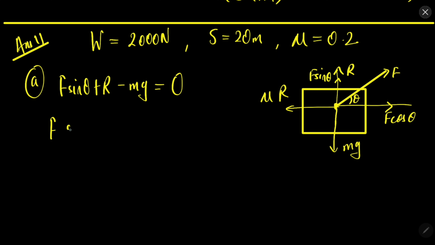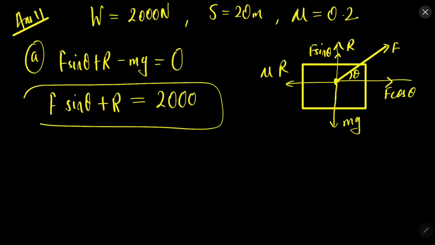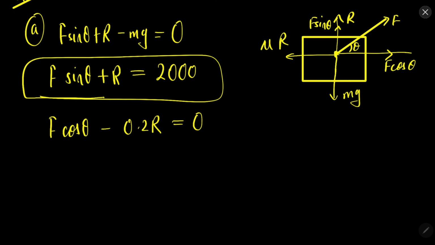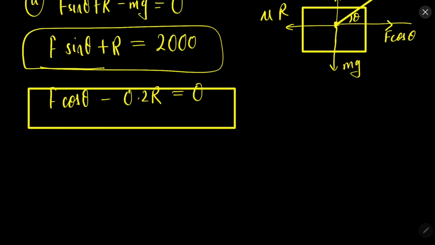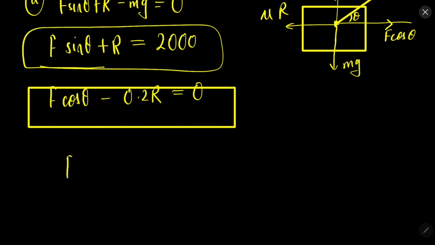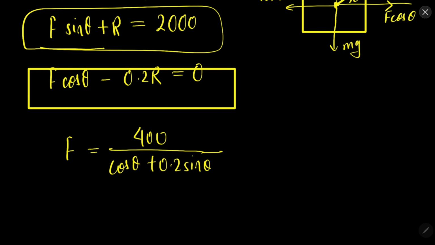Weight is given, which is 2000 Newton, so F sin theta plus R equals 2000 Newton. So this is one equation. Another equation will be F cos theta minus 0.2 R equal to 0, because mu is 0.2. So from these two equations, by equation 1 and 2, we get F equal to 400 upon cos theta plus 0.2 sin theta.